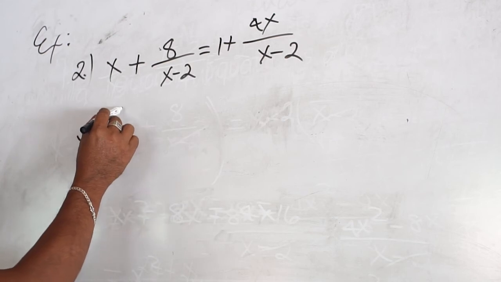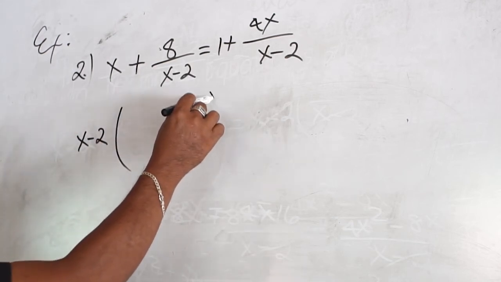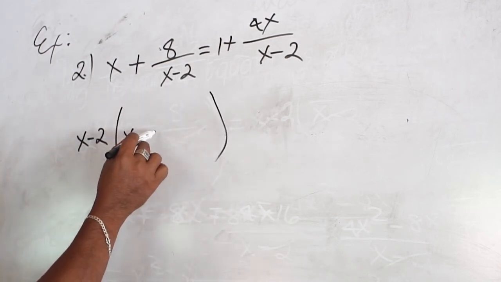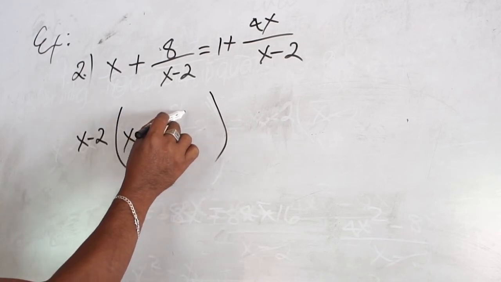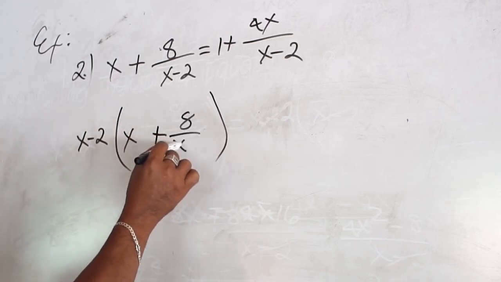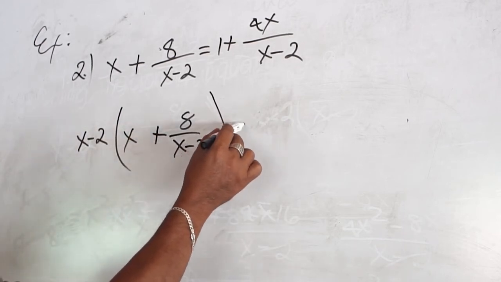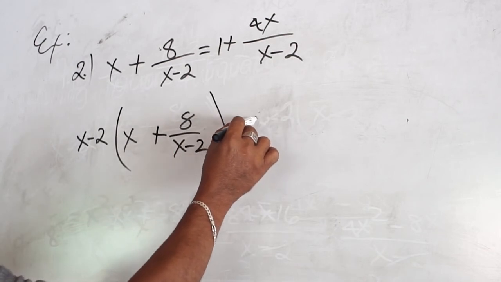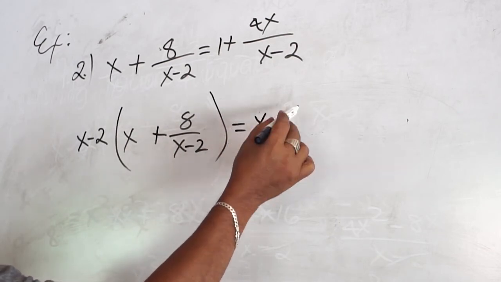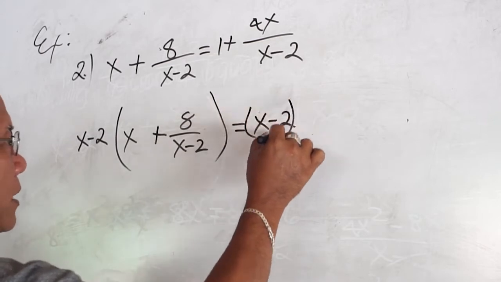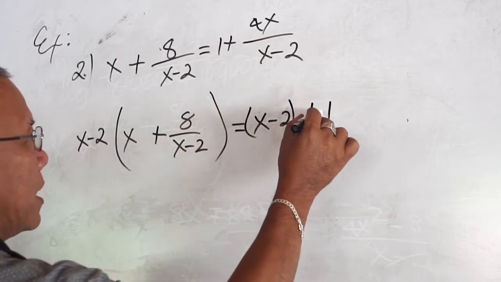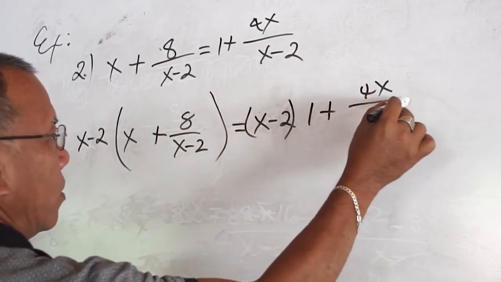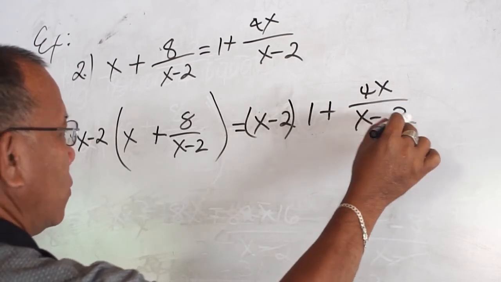Then multiply both sides of the equation. So we have (x plus 8) over (x minus 2), equals, multiplied by (x minus 2), 1 plus 4x over (x minus 2).